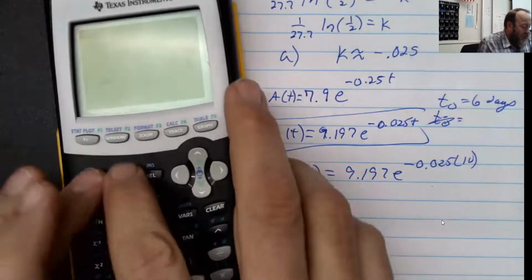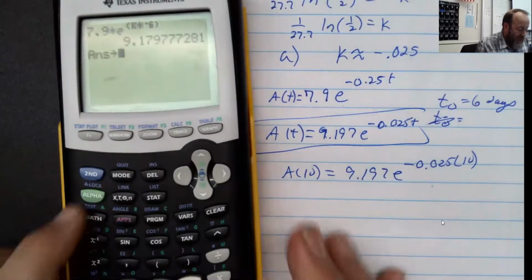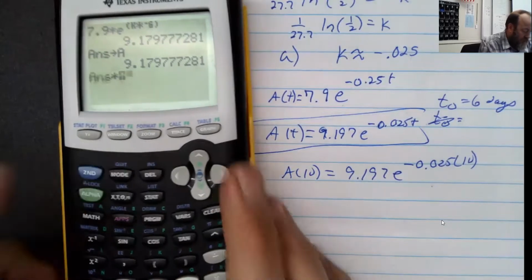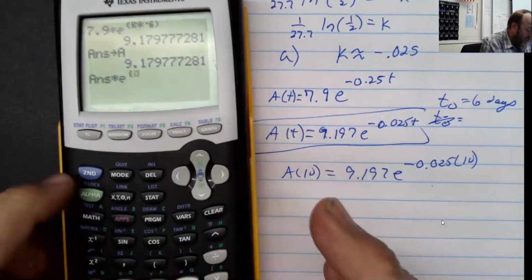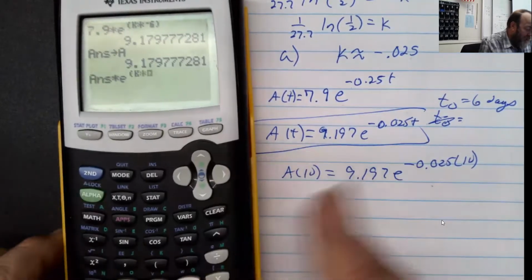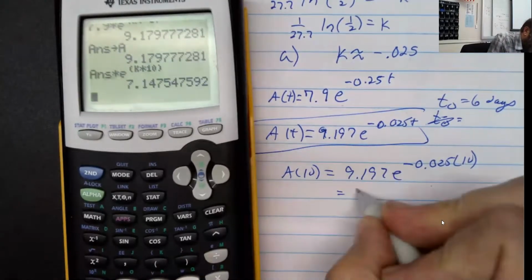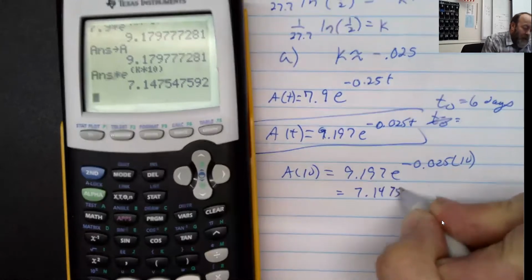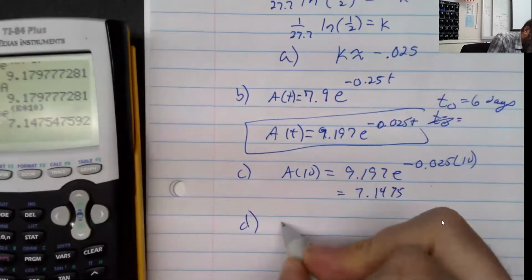Let's store this as alpha A. So I have A times e raised to alpha k times 10 days, and it appears that in 10 days we should have 7.1475 grams.